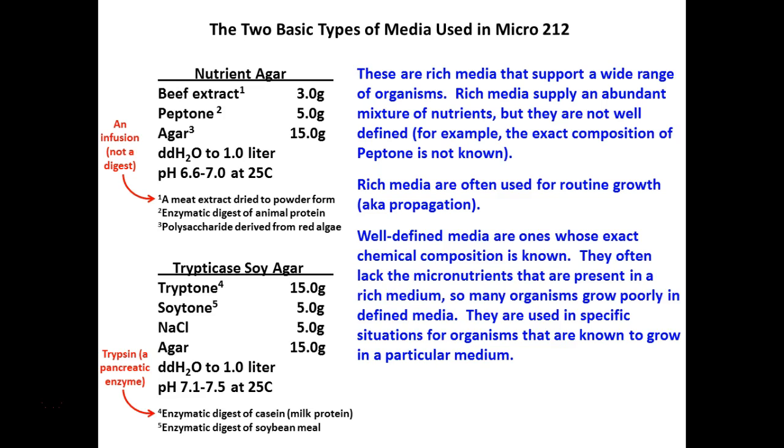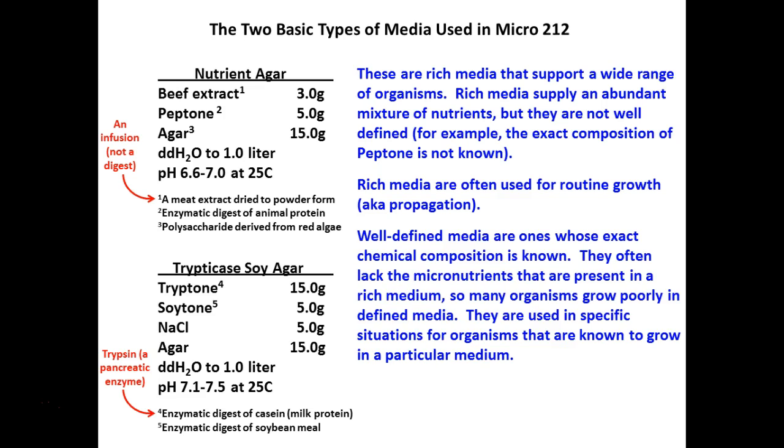So well-defined media, which I think we only have one that we use in this lab, and it's only because we use it for other properties, is where every single little thing is worked out. How much sugar, how much protein, how much fat, we know the exact amounts and concentrations of what's there. That's basically equivalent to the Nutrisystem diet for bacteria, which, if anybody knows about Nutrisystem, is expensive.